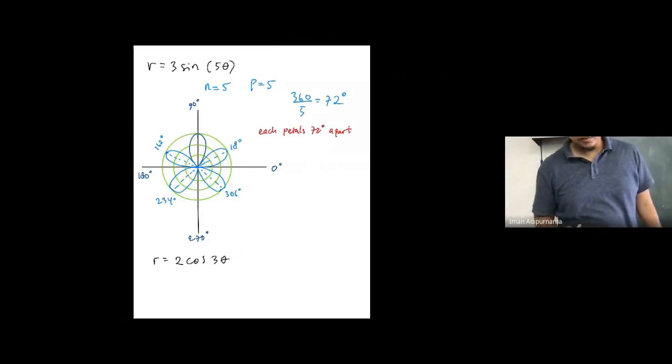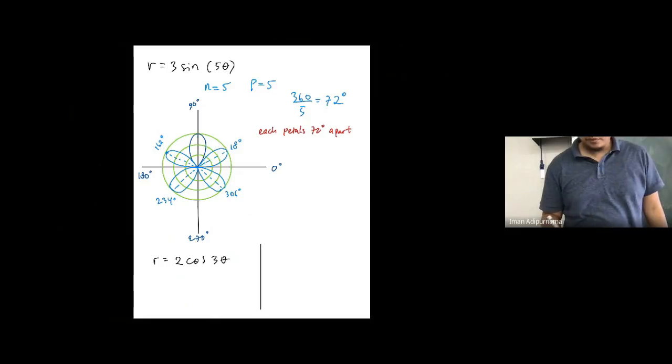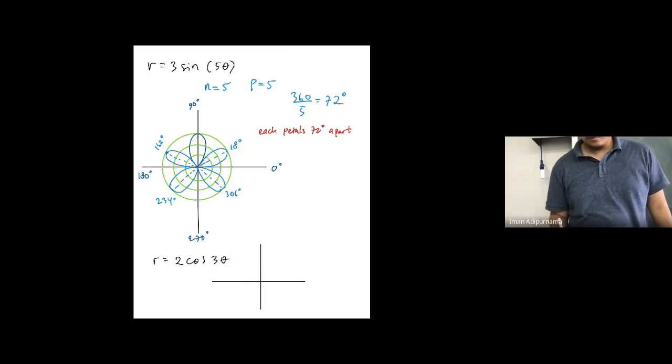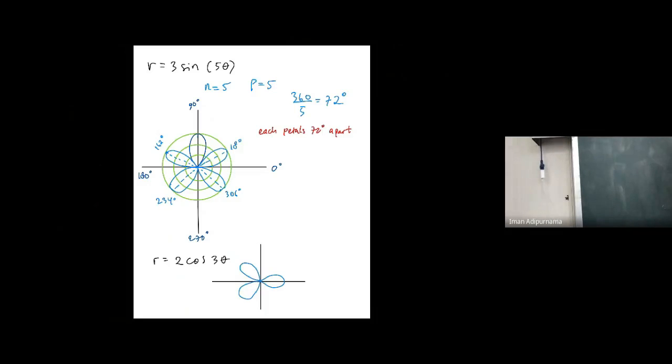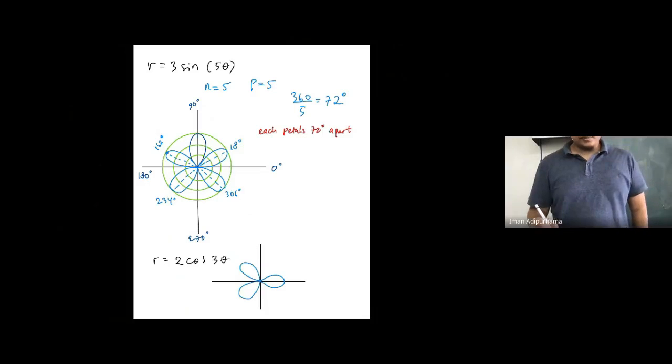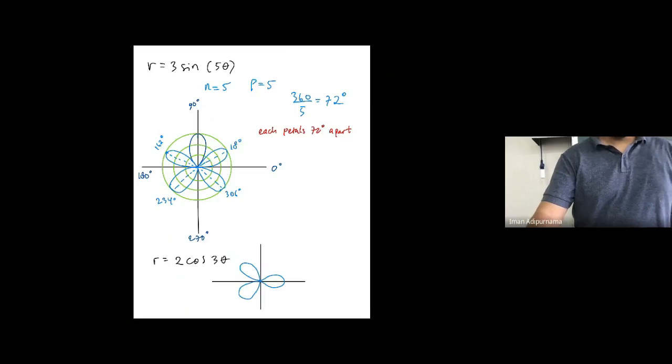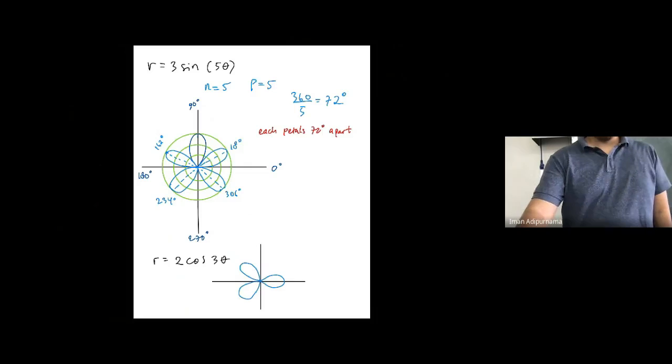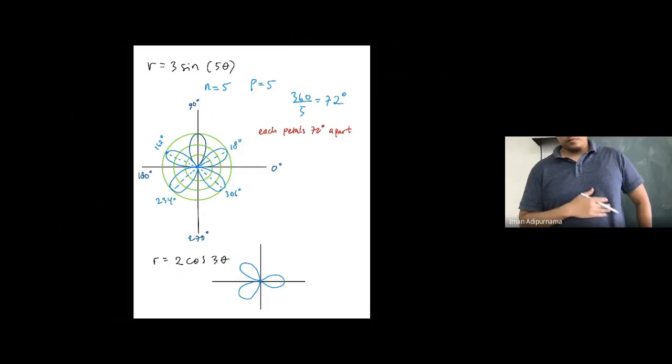So if you have cosine, you will have all the same characteristics. So 0, this is 120, 240.